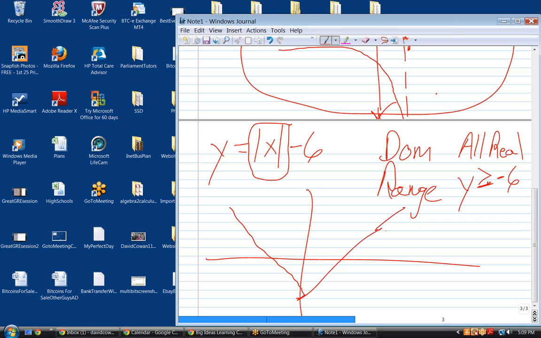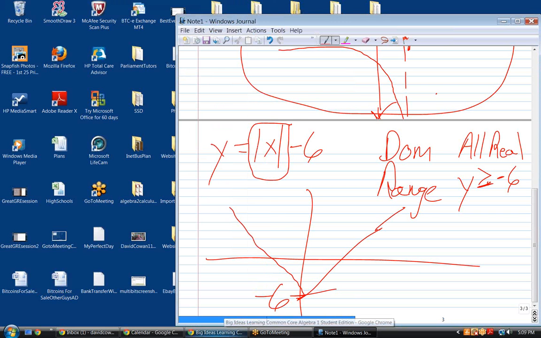Absolute value graphs always have this big V. And from this graph, you can see what the domain is and the range is. You can see that y has to be bigger than that minus 6 right there. But it could be equal to minus 6. In other words, if you let x be 0, y is equal to minus 6. So that's part of its range.